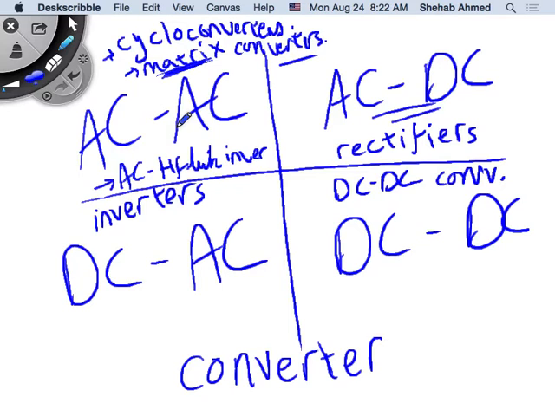We will study a certain subset of the AC to AC converters, AC to DC converters, inverters, and DC to DC converters, just because you cannot do that in a single course. The idea is to give you a flavor of all four types of power conversion technologies, and then you can elaborate on that in a graduate course or in a senior project.